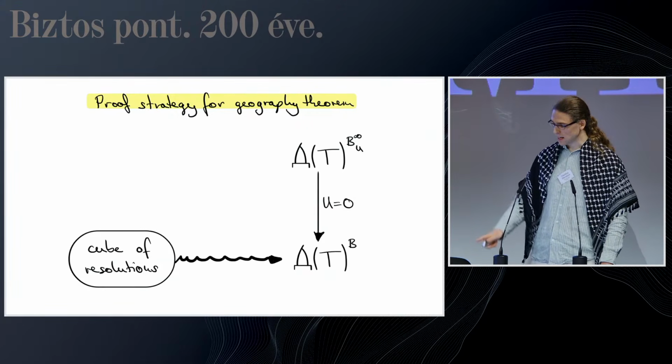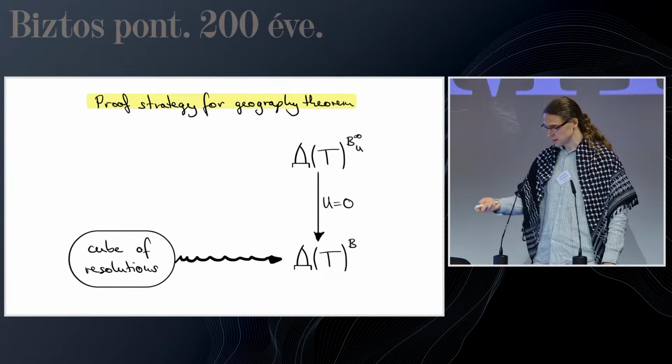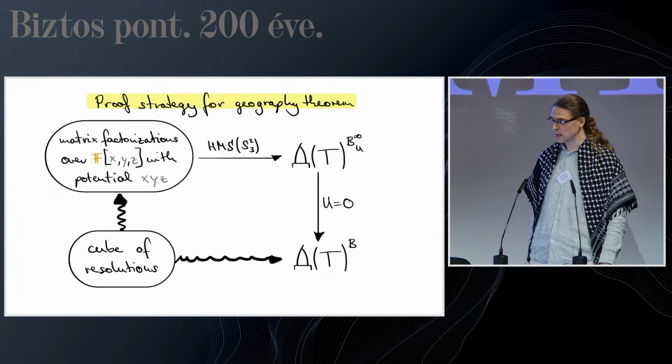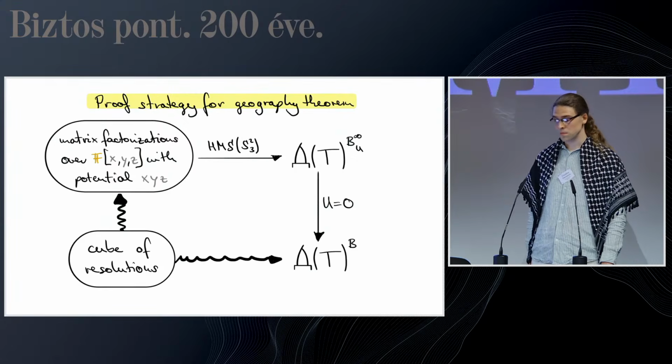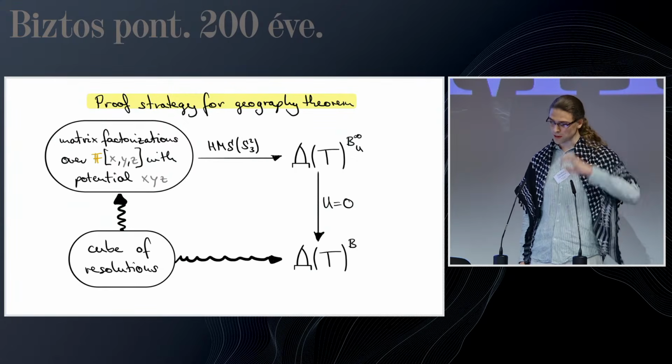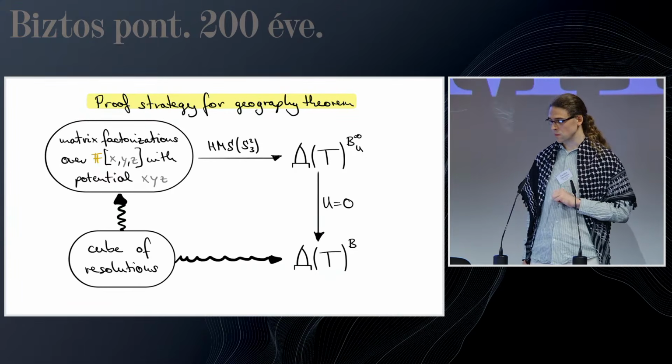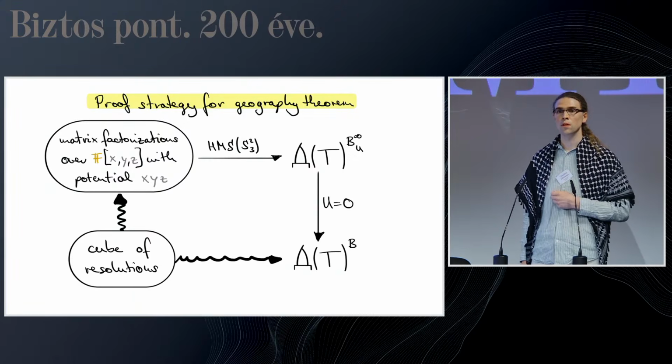Okay. So we'd like to get up there, and, well, as I said, we use matrix factorization, we use homological mirror symmetry, and define, take this cube of resolutions and associate with each vertex a matrix factorization and the edges of our cube. They're just maps between matrix factorizations that generalize saddle cobordisms.